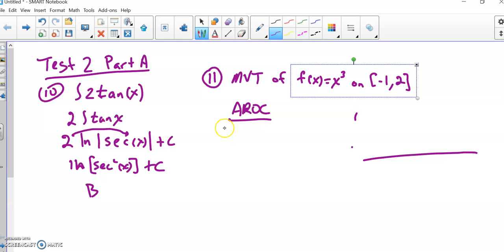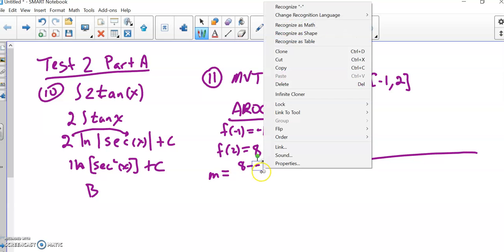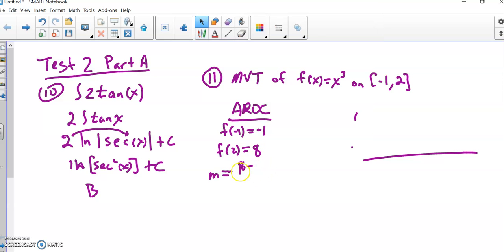So plugging in -1, f at -1 would be -1, f at 2 would be 8. And so the average rate, my slope, would be 8 minus -1 over 2 minus -1, which becomes 9 over 3, which is 3.